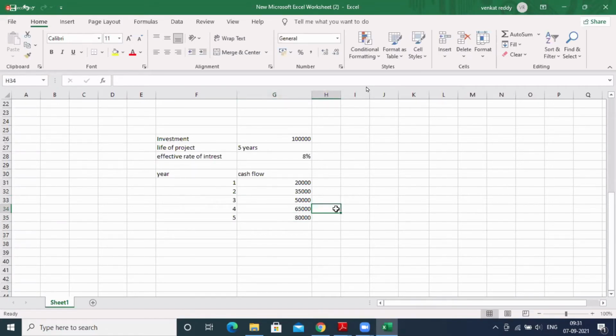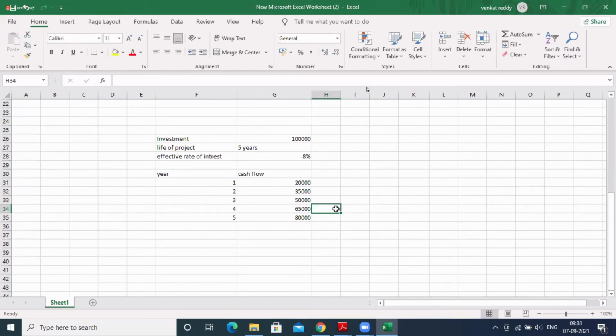So I invested 1 lakh, and this project is going to give me returns for 5 years, and the effective rate of interest is 8%. You can assume that the effective rate of interest considers several factors like inflation and the cost of capital for procuring this 1 lakh.